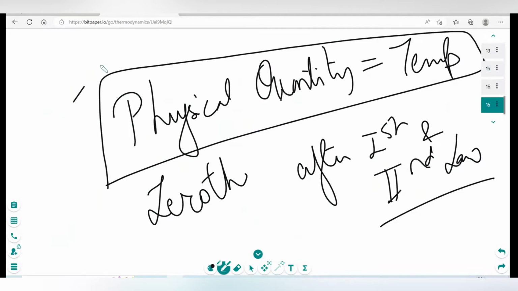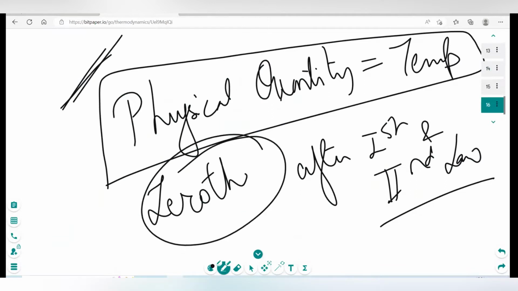This is something which we tell first, so we gave the name before first, that is zeroth. That's the reason it is also called the zeroth law of thermodynamics. And here the important thing, temperature as a physical quantity, was known, or the significance of that was known.